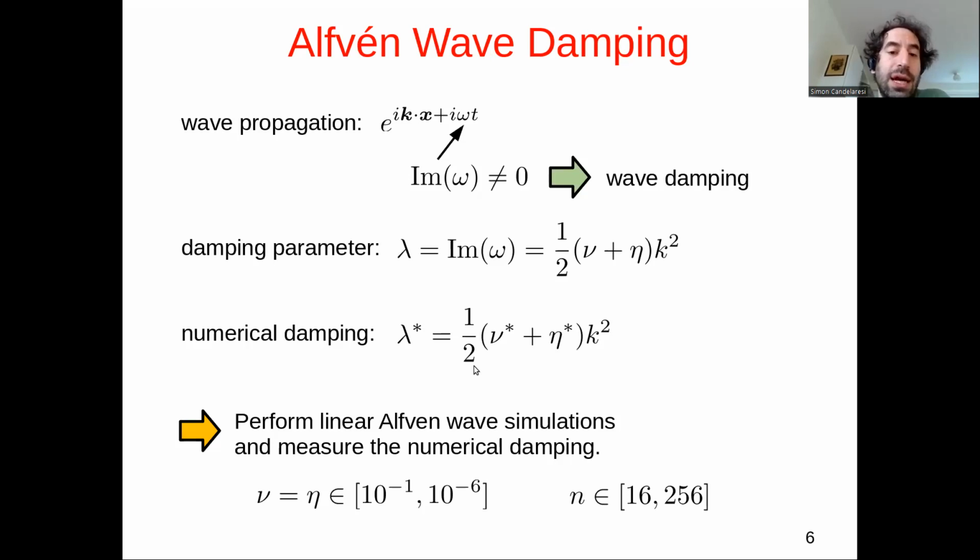So we look at linear Alfvén waves, with a strong homogeneous background magnetic field and a small perturbation perpendicular to the magnetic field. And this perturbation travels with the Alfvén speed along the magnetic field. And then we have the usual equation for the linear wave. And here we have this omega over here.